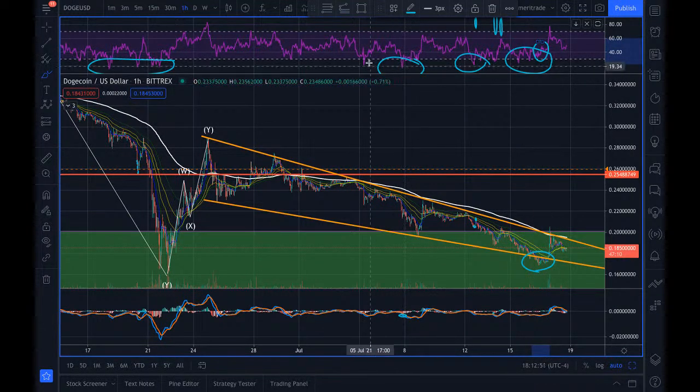So as you can see, it dropped on the RSI, it dropped below 30. This is the RSI up here. If you double click on it, it'll go full screen.